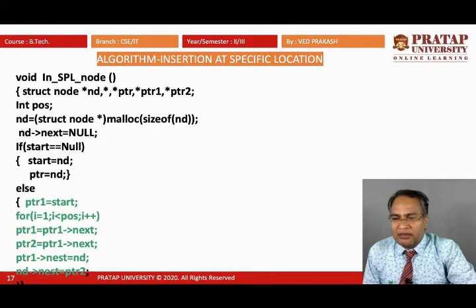PTR1 next is set with the new node and the new node's next is set with PTR2. So that is the process of inserting a new node at a specific location.